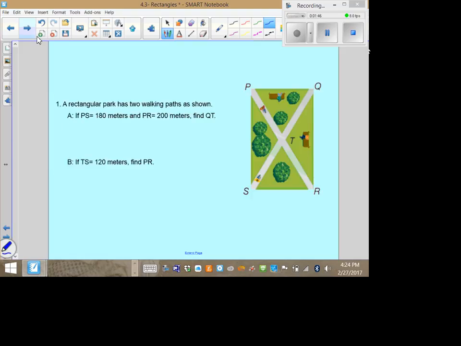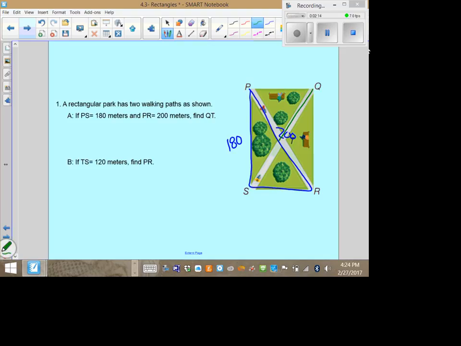So an example: a rectangular park has 2 walking paths as shown. If PS is 180 meters and PR is 200 meters, you can see we have a triangle here. We want to find the length of QT, so that would be this distance right here.